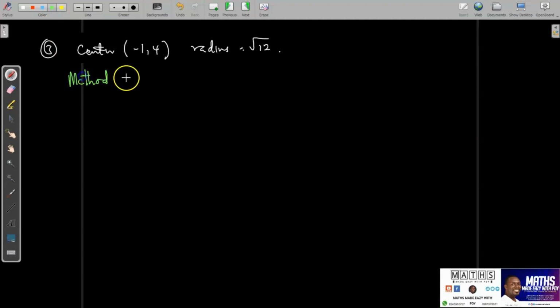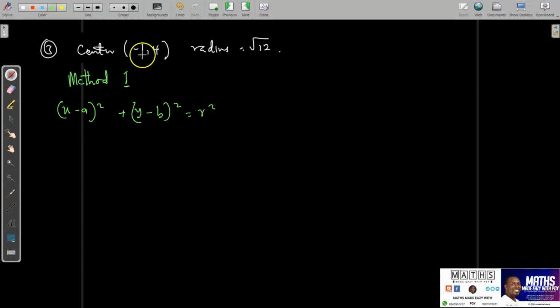is the unitary method. And in this case, with the unitary method, then we are saying that we are applying the concept of Pythagoras theorem, and that is x minus a all squared plus y minus b all squared equal to r squared.